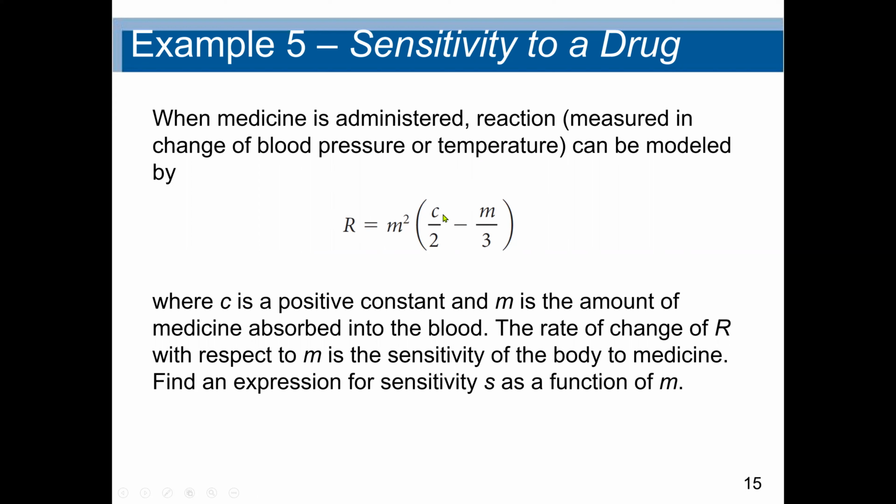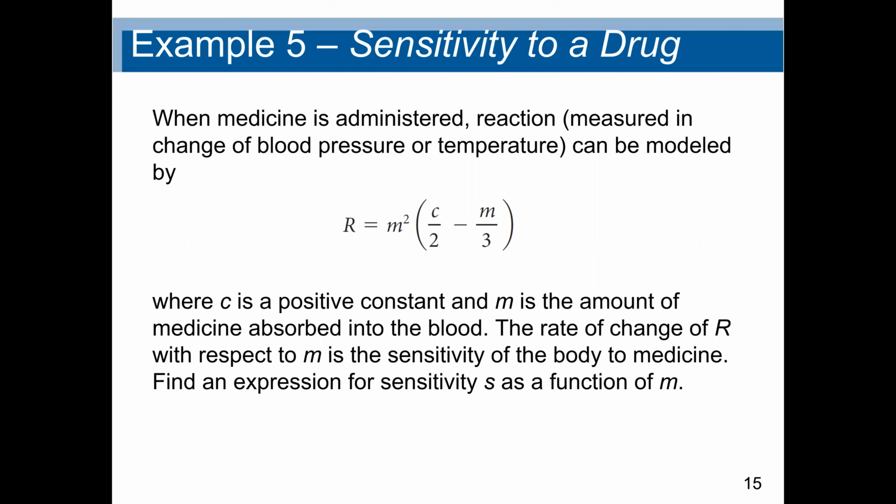So here they say C represents a positive constant value, and M will be the amount of the medicine that we absorb into our blood. And the rate of change of R with respect to M is the sensitivity of the body to the medicine. So the key word again is rate of change, derivative.